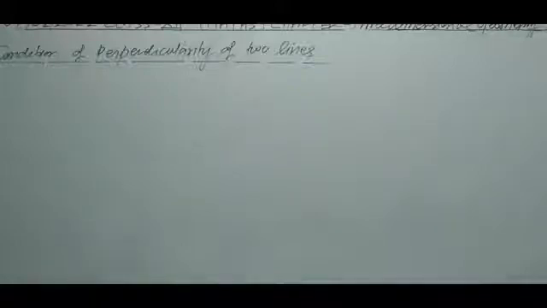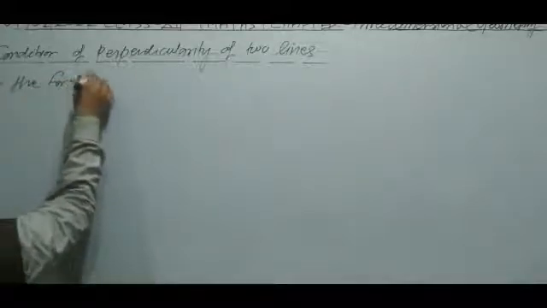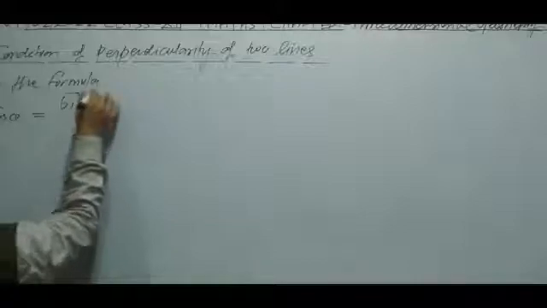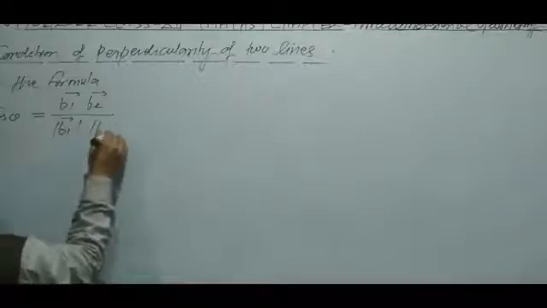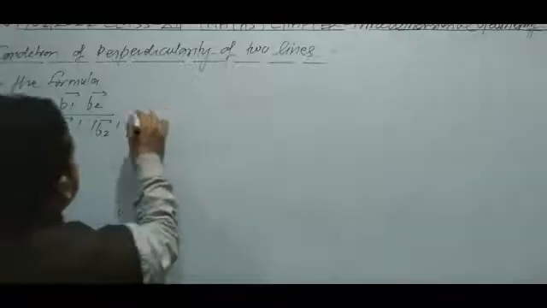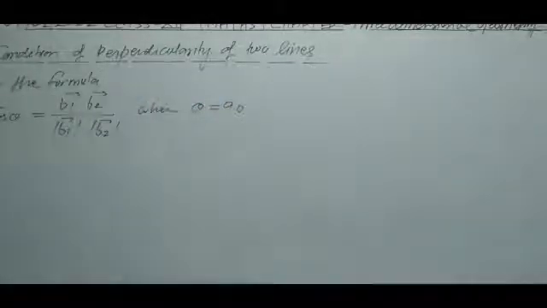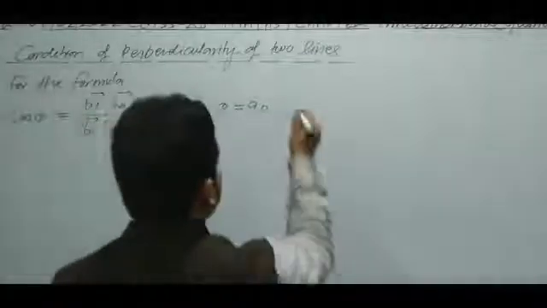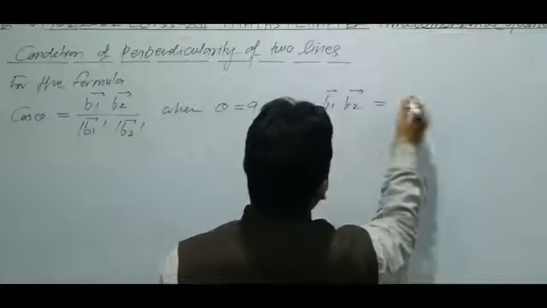For the formula cos theta is equal to b1 dot b2 whole upon mod of b1 mod of b2, when theta is equal to 90, in this case we can write b1 dot b2 vector is equal to 0. Now this is the condition.